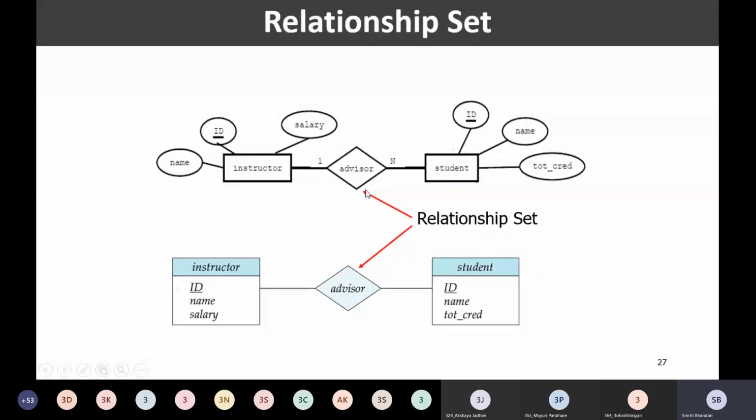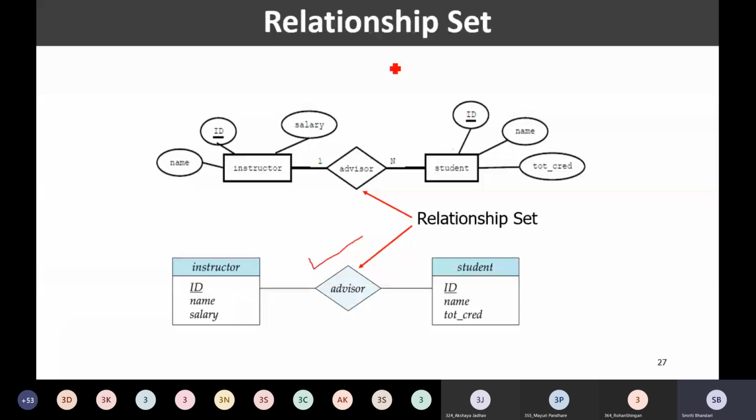Okay. Now, the relationship can also be depicted with an alternative notation for this entire thing: entity set, relationship, and the other entity set. Instructor is denoted with another notation, like student, that is the entity set, and advisor is the relationship set in between instructor and student, denoted with the same notation, that is the diamond.